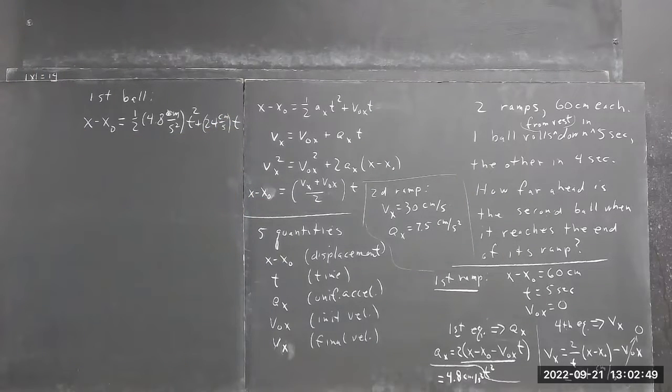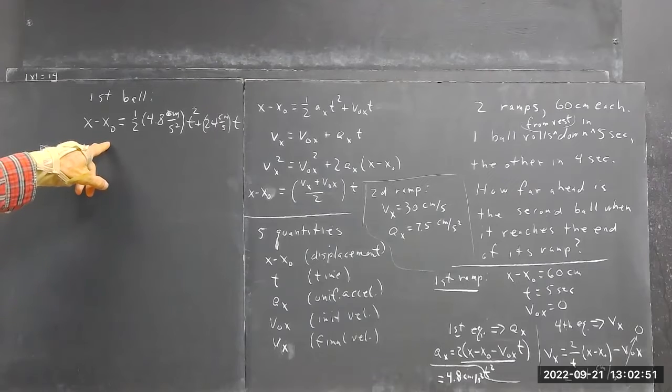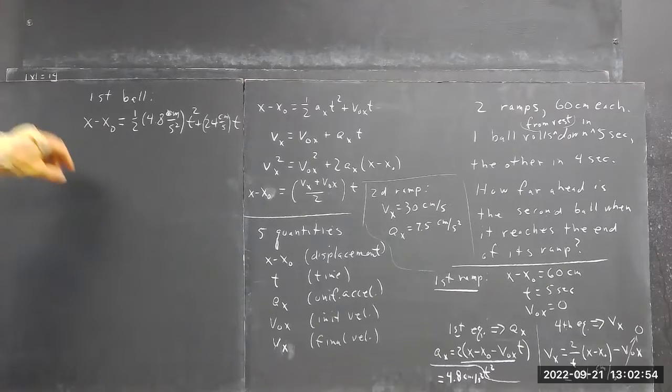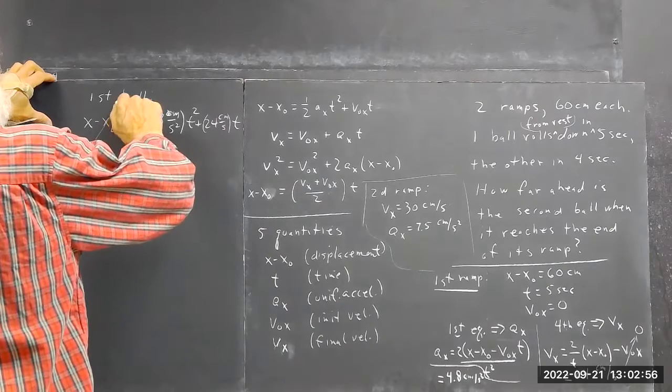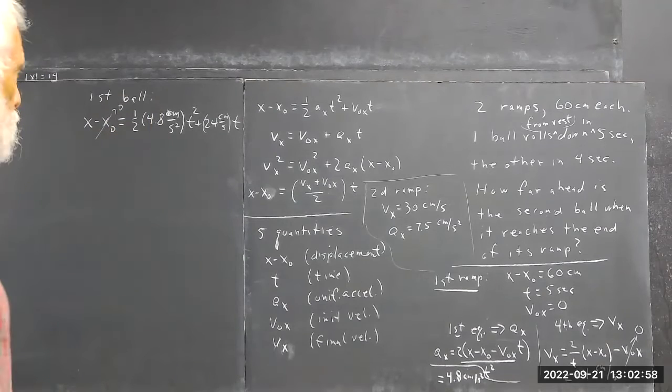About this, X naught is implicitly zero. So X naught is zero. So we've got an equation for X of T.